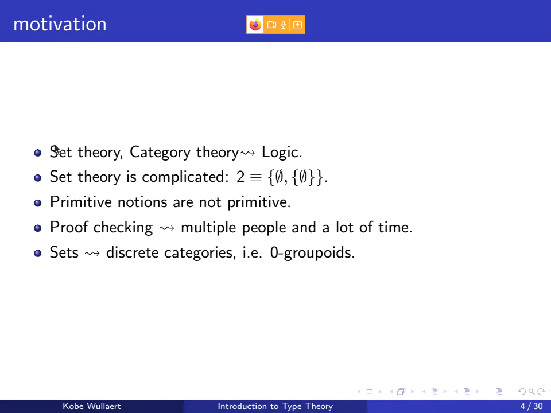Just to give a very vague idea, a set you can always consider as some discrete category, or, as some of us call it, a zero-groupoid. Well, types will no longer correspond with these discrete categories or zero-groupoids, but they will correspond with infinity groupoids. And so type theory will give a more natural setting to study infinity categories.